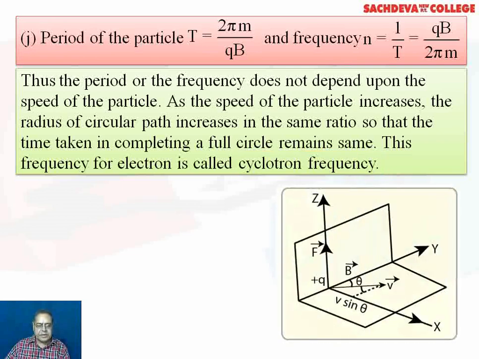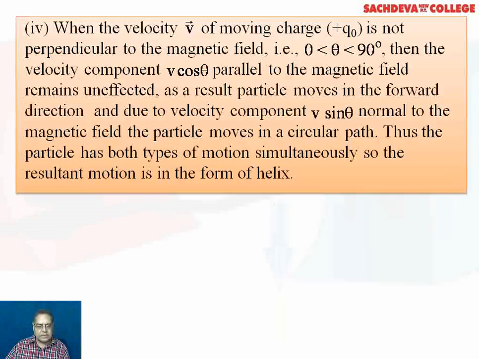This figure is repeated again and again in order to give you an idea of the direction of force, the x-axis, the y-axis, and the component v sine theta. When velocity v of moving charge q naught is not perpendicular to the magnetic field, that is 0 less than theta less than 90, then the velocity component v cos theta parallel to the magnetic field remains unaffected.